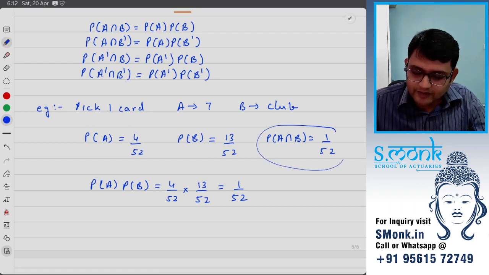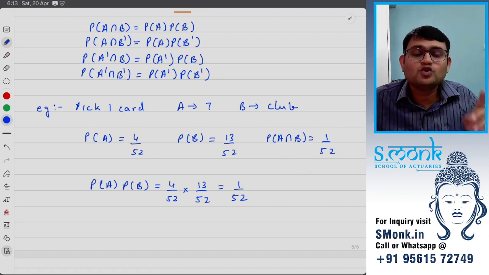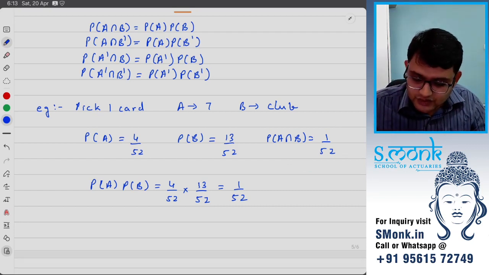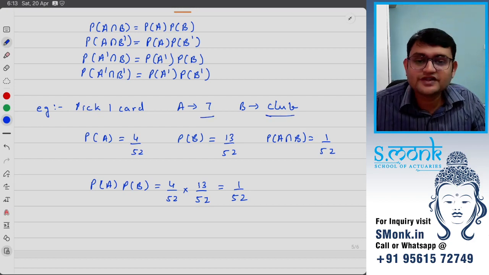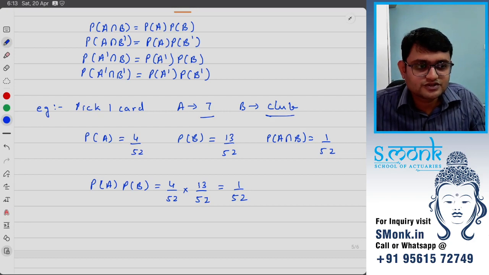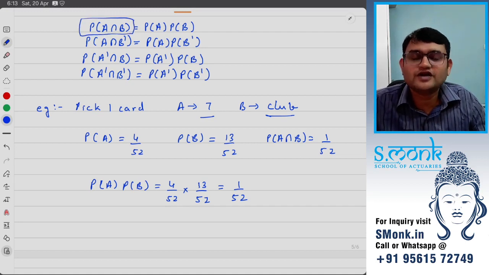That is what the probability of 1 by 52 is. See, when I'm saying independent, that does not mean both of them cannot occur together. They can occur. This club and a 7 can occur together. That is a 7 of clubs, right? That is possible. So there should be an intersection. Without an intersection, we cannot have independence.